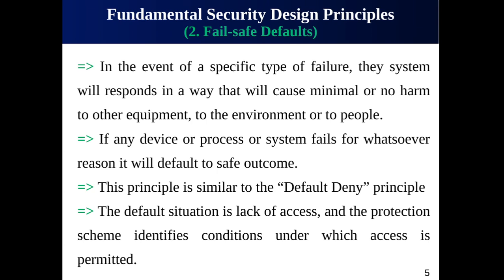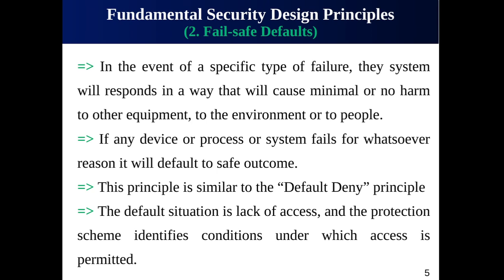What does it mean? It means that if one component is affected by some malware, for example, other components will not be affected by that malware. If any device or process or system fails for whatever reason, it will go to the safe outcome. This is another way that we can define fail-safe.